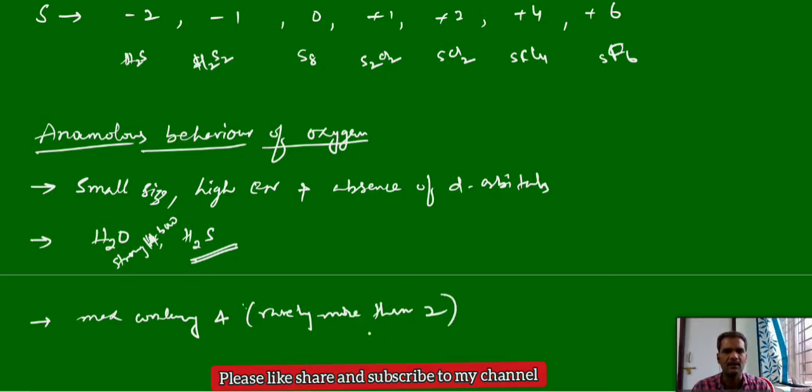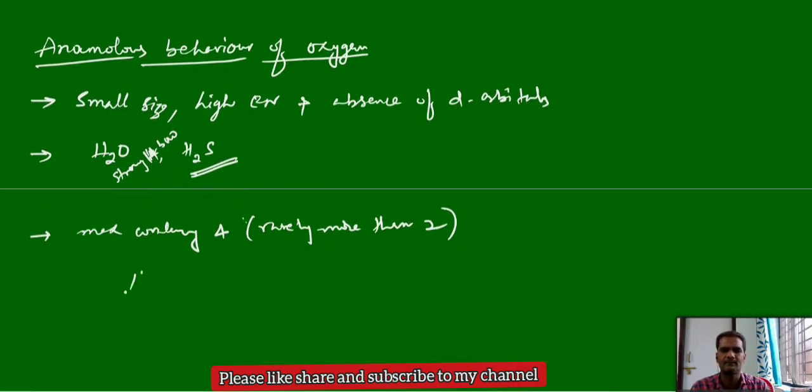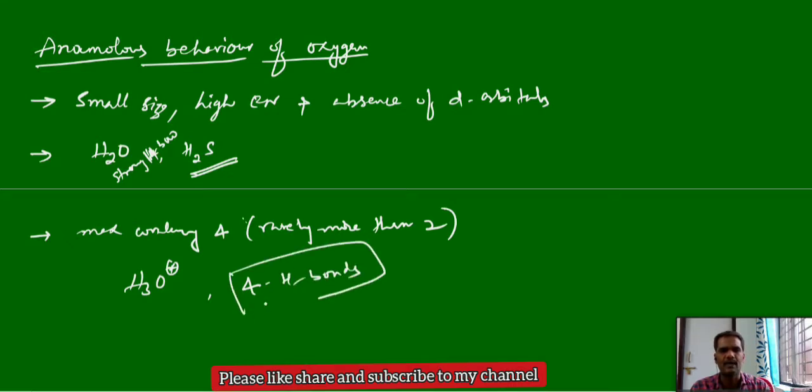You can hardly see compounds with covalency 4, but covalency 3 we can see in the case of the H3O+ ion, where it forms 3 bonds, and in hydrogen bonding, water can show 4 hydrogen bonds. Water can form 4 hydrogen bonds with oxygen. There also you can observe 4 bonds. In very rare cases you can observe 4 bonds or 3 bonds, mostly 2 bonds.